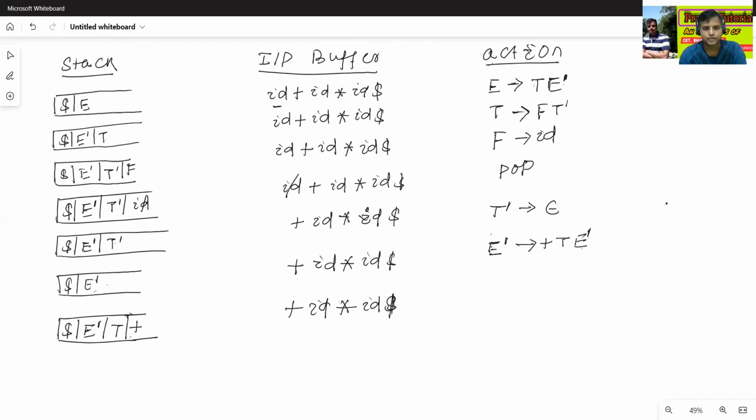See here, plus and plus both are matched. This is plus, this is plus, means pop.